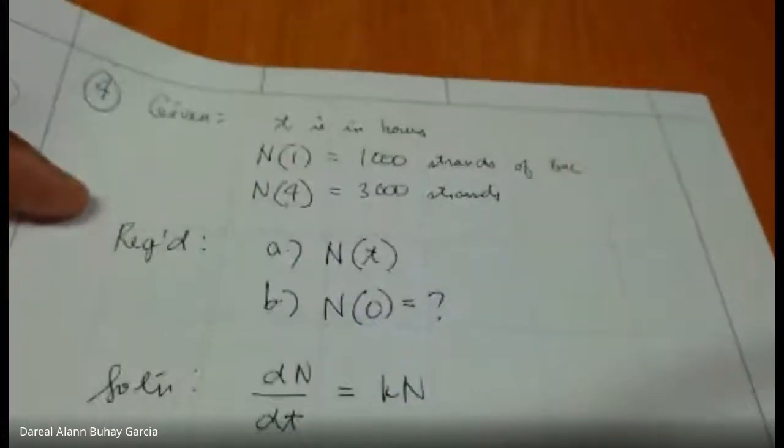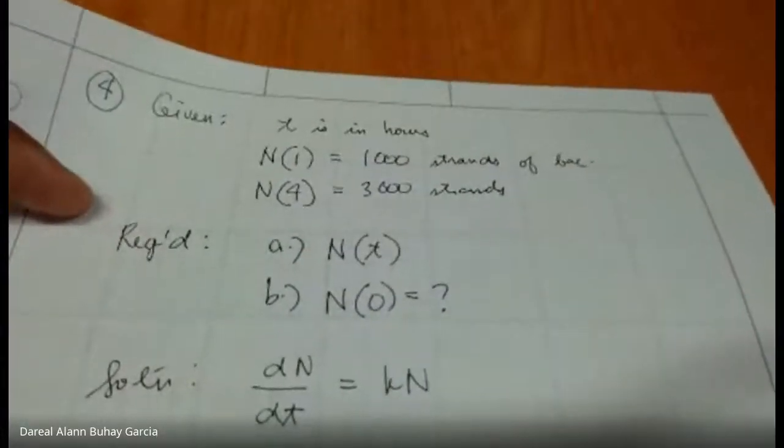At T equal to 1, N is 1,000, right? So 1,000 is C e to the k times 1.